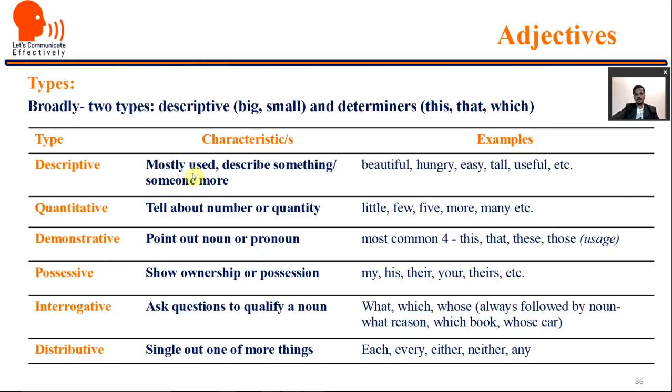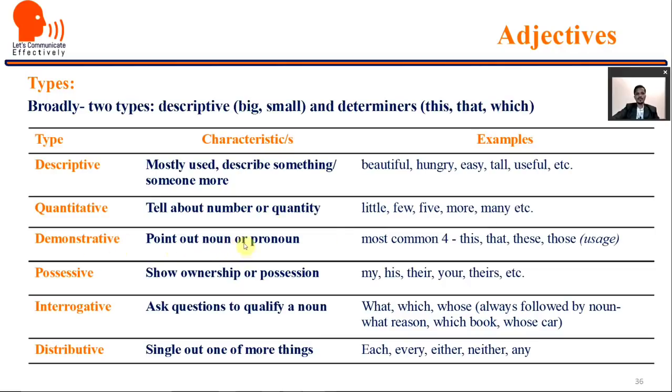Descriptive adjectives are mostly used adjectives and they describe something or someone more, like beautiful, hungry, easy, tall, useful. A beautiful girl, hungry boy, easy course, tall tree, useful course. Quantitative adjectives tell about number or quantity: little, few, 5, more, many, etc.